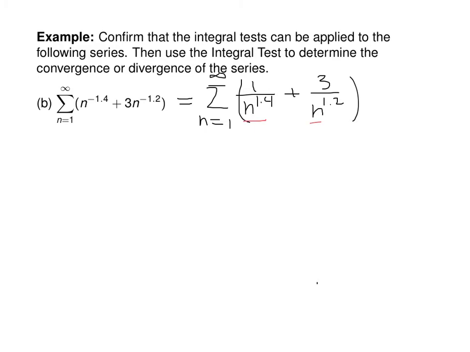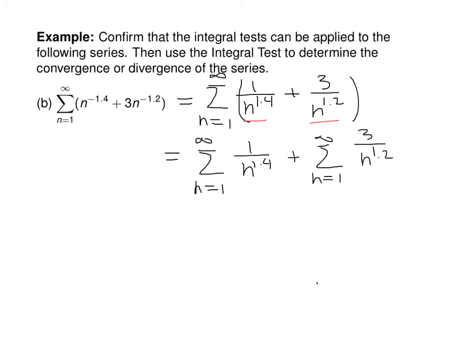And now I can sum the two series individually: the sum from n equals 1 to infinity of 1 over n to the 1.4, plus the sum from n equals 1 to infinity of 3 over n to the 1.2. Now if either one of those series diverges, then the whole series diverges.